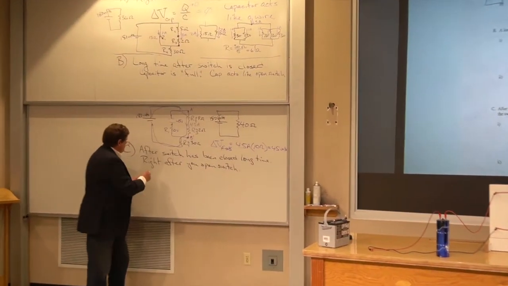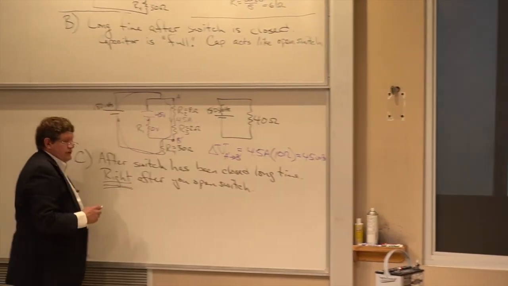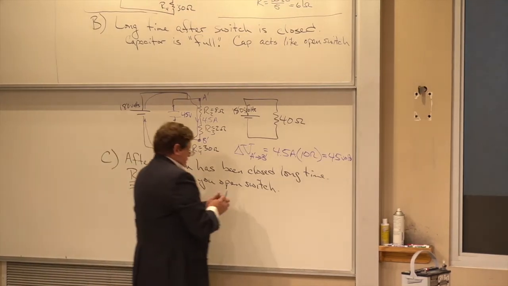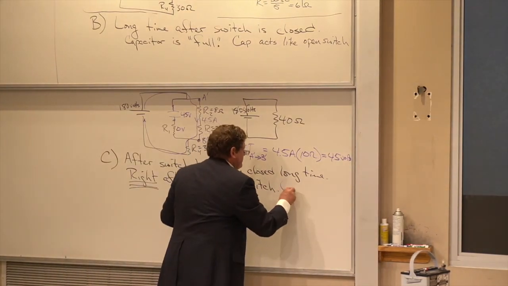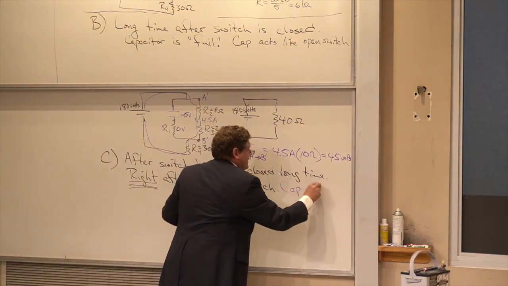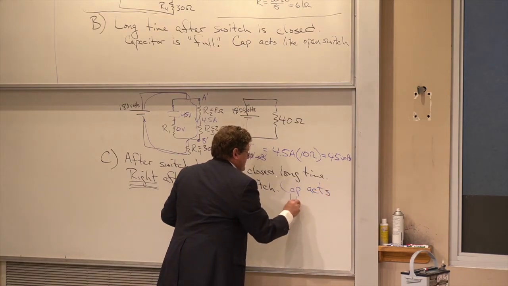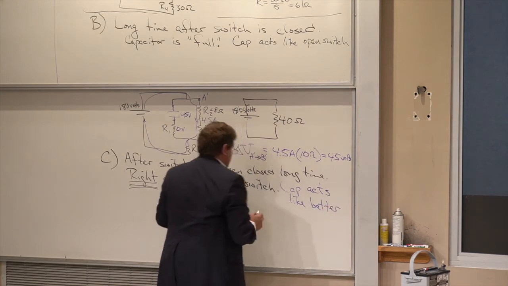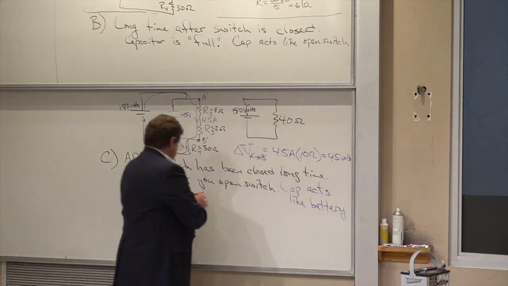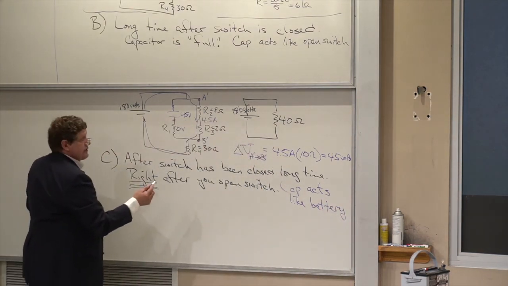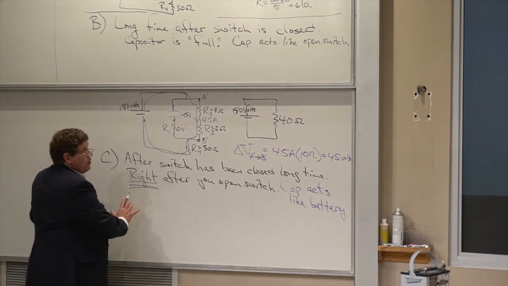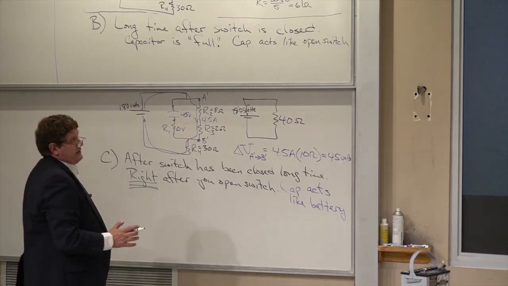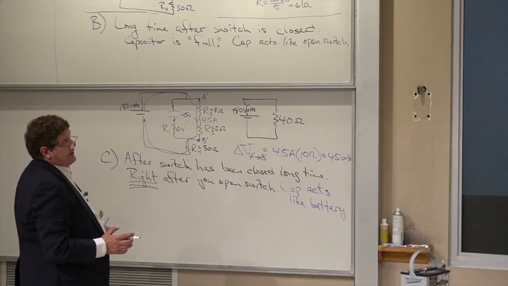So if I look right after you open that switch, the capacitor acts like a battery. So if I were to draw that circuit now, opening the switch takes the battery right out of there.